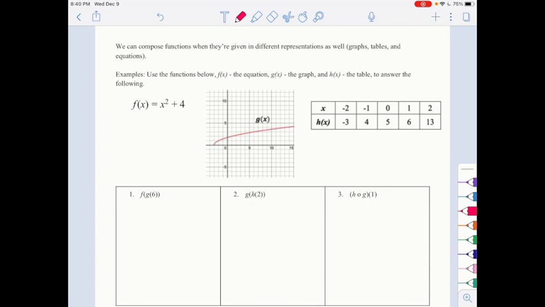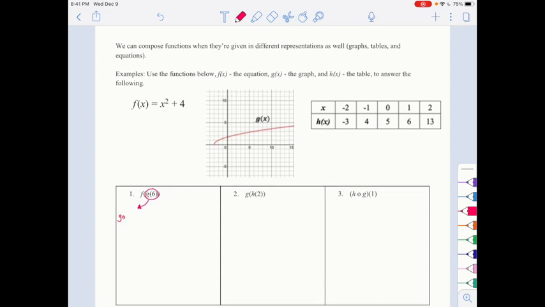All right, so this is our last little bit here for composition of functions. We can do compositions also with different representations, so graphs, tables, equations, the same way that we did operations. So I'm going to start here, and this is saying find f of g of 6. I think it's actually easier in this case to find out what g of 6 is first.